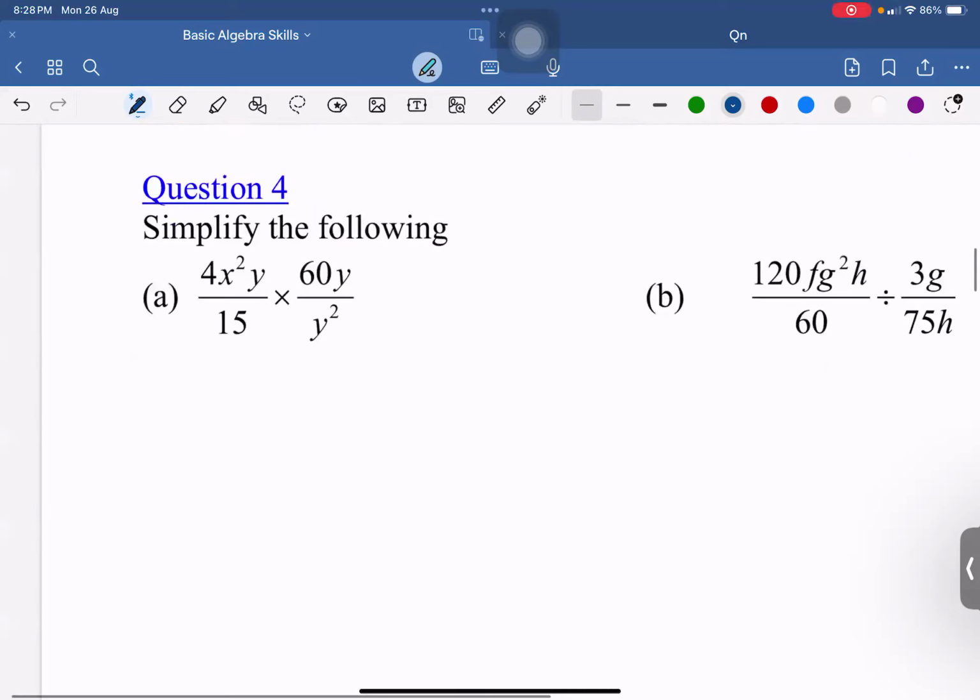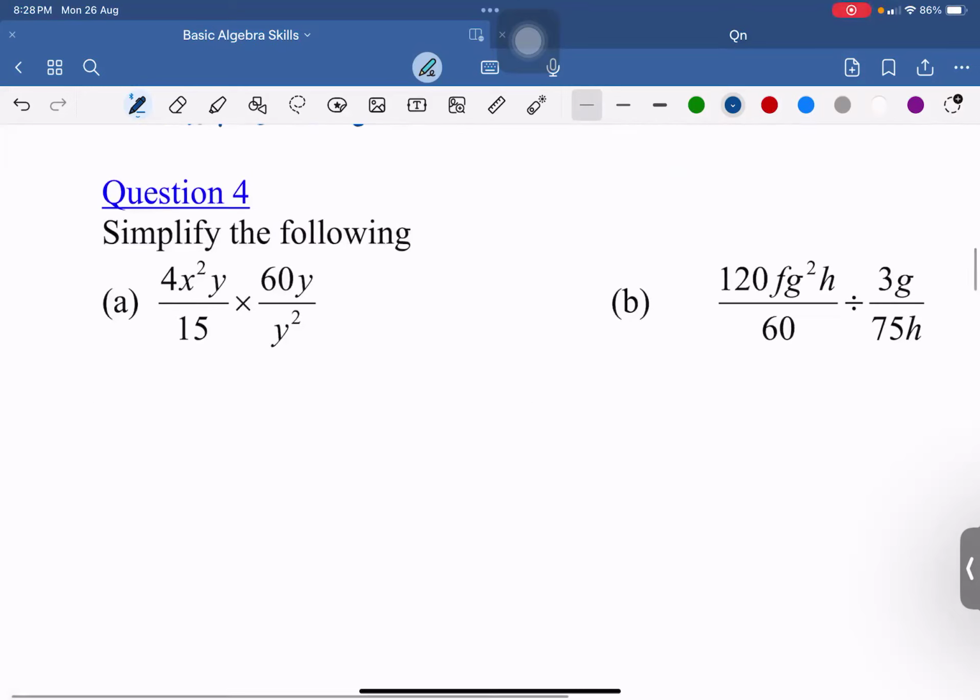Right, next one. Simplify the following. Now, multiplication. Do I need to make the denominator the same? Yes or no? No, no need to make same denominator. This is multiplication.